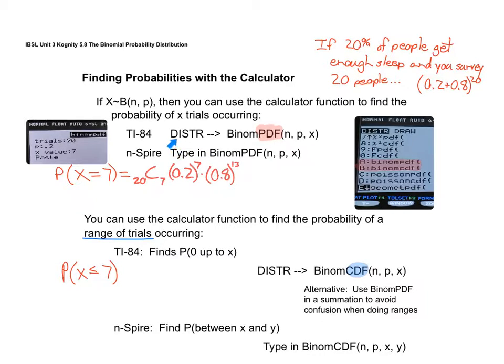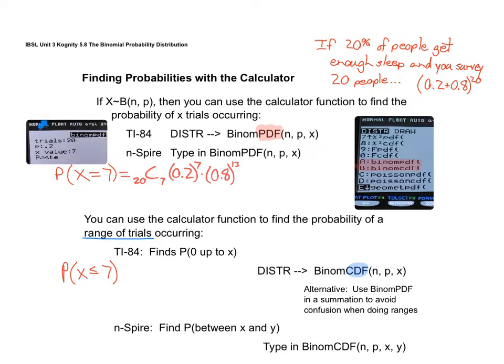Okay? You hit second and then the variables button. You see DISTR distributions and scroll down to A, and that is the binomial PDF. Now notice there's also a binomial CDF, and we'll talk about that in a second. Okay? The trials would be 20. Yeah, now notice here it calls for N, P, and X.